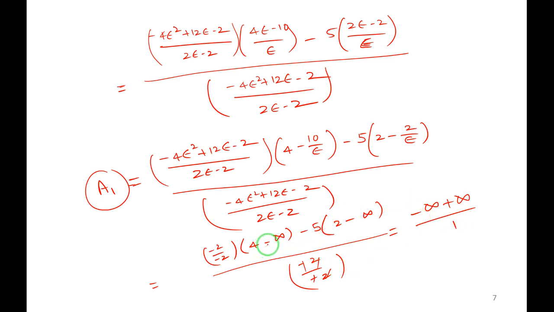Observe here, from this I am getting minus infinity. From this I am getting, so sign is very important here, 2 minus infinity, minus infinity, minus into minus plus, so plus infinity. Finally I will be getting 0 here. Is it correct? I am getting 0.